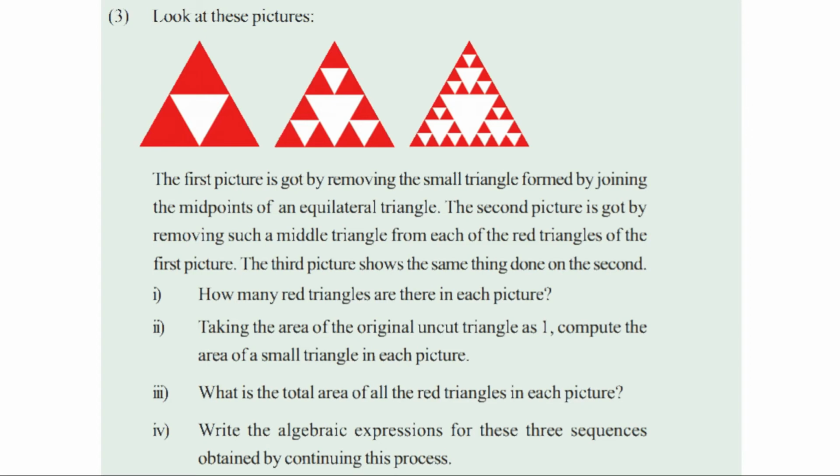How many red triangles are there in each picture? Taking the area of the original uncut triangle as 1, compute the area of a small triangle in each picture. What is the total area of all the red triangles in each picture? Write the algebraic expressions for these 3 sequences obtained by continuing this process.